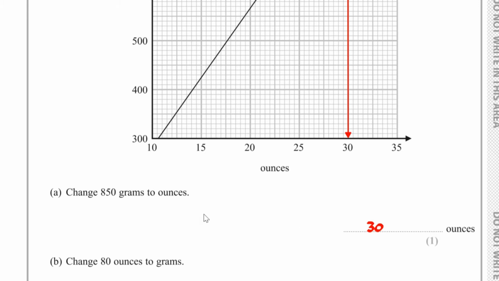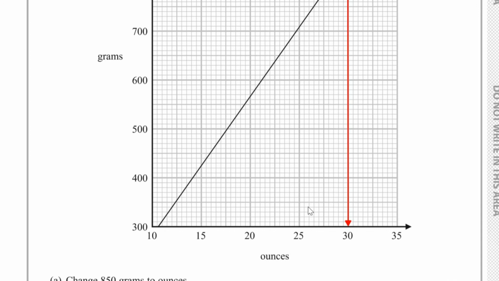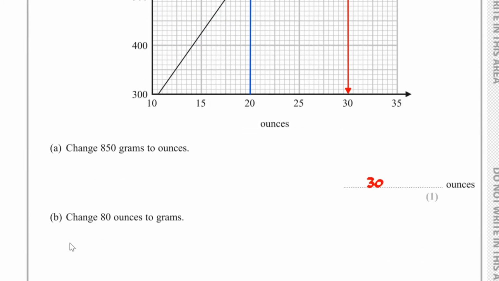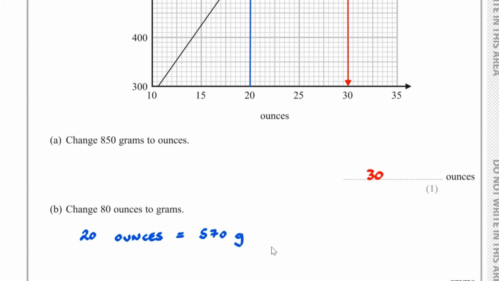We now have to change 80 ounces to grams. Well, the first thing we can work out is what 20 ounces is. And if we work out what 20 ounces is, well, we would get 570. So 20 ounces equals 570 grams.